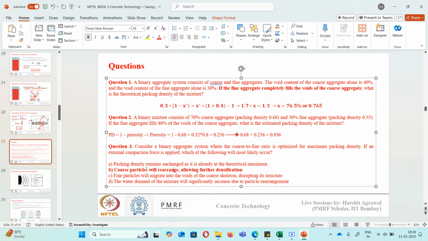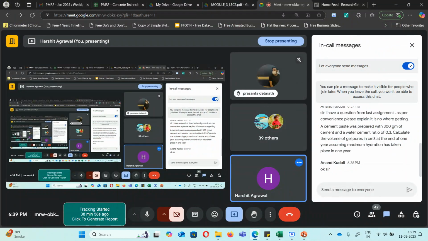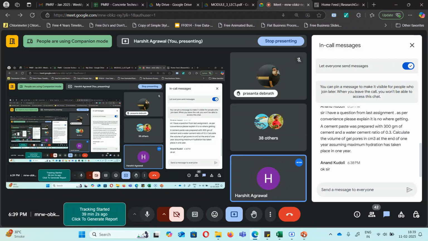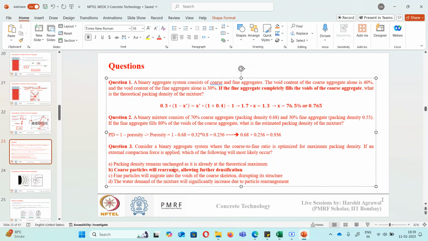And the third question is based on compaction, so with higher compaction, it will further densify the system. Any doubts in these questions? If you have any doubts, you can also ask at the end of the session. Since there is no doubt right now, I will proceed ahead.